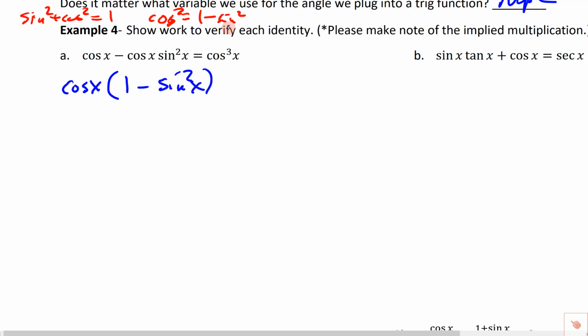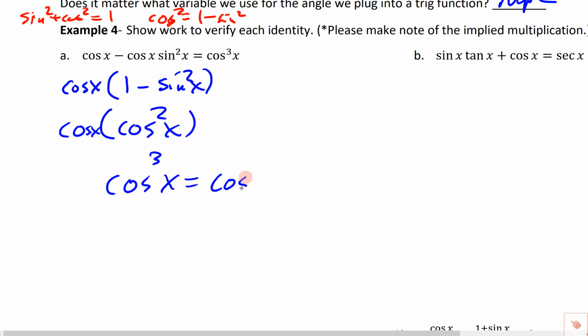If I move the sine squared to the other side, wherever I say a 1 minus sine squared, what can I put, since these two things are equal? I can put a cosine squared. So I'm going to put in right here a cosine squared x. And out front here is a cosine of x. So if I have a cosine of x times a cosine squared of x, I have cosine cubed x.